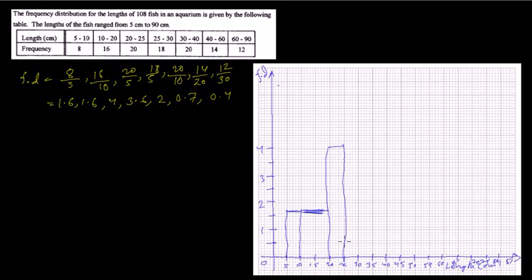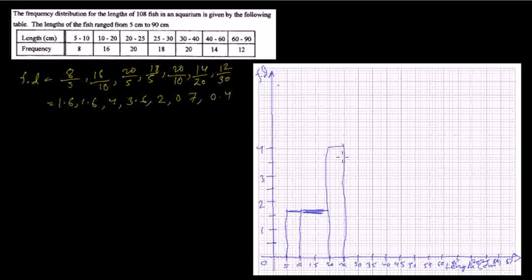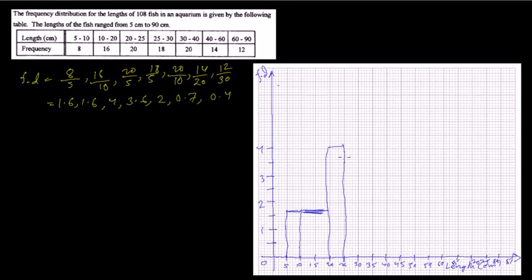The next one is 25 to 30, and the height is going to be 3.6. Next one is 30 to 40. Height is 2. So 30 to 40, the height is 2.